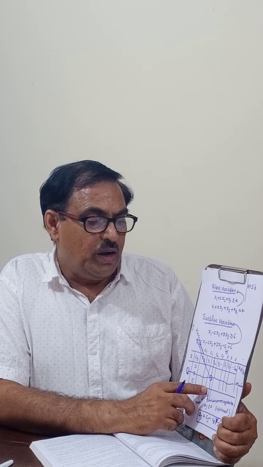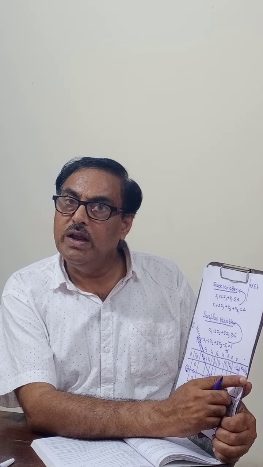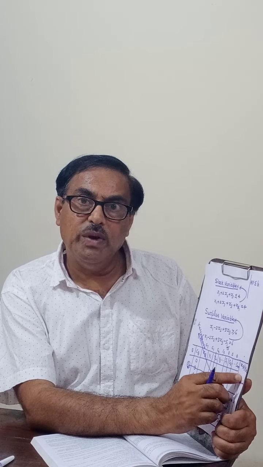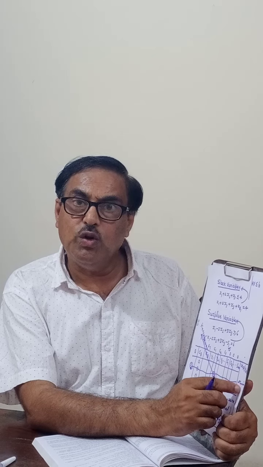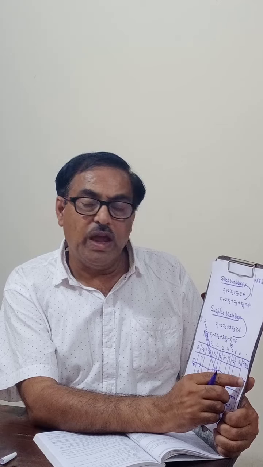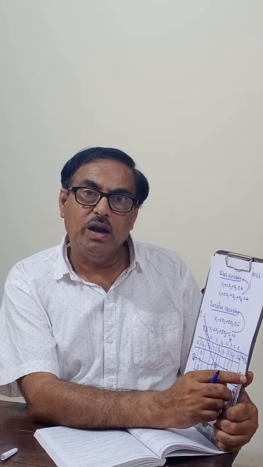After finding the incoming vector, we again find xb upon yk, where yk is the incoming vector, find the minimum value, and the corresponding row will be the outgoing vector.